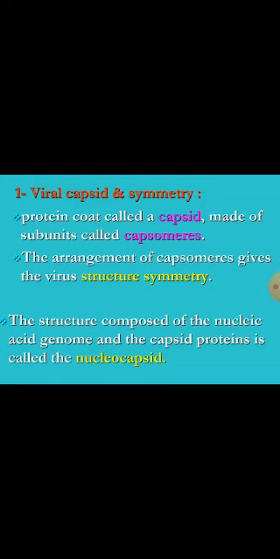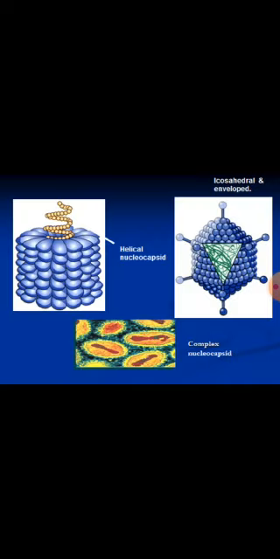Viral capsid and symmetry. The capsid is a protein coat made of subunits called capsomeres. The arrangement of capsomeres gives the virus its structural symmetry. The geometric symmetry of the viruses is of three types. Cubic symmetry, where the virus resembles a crystal, called icosahedral.